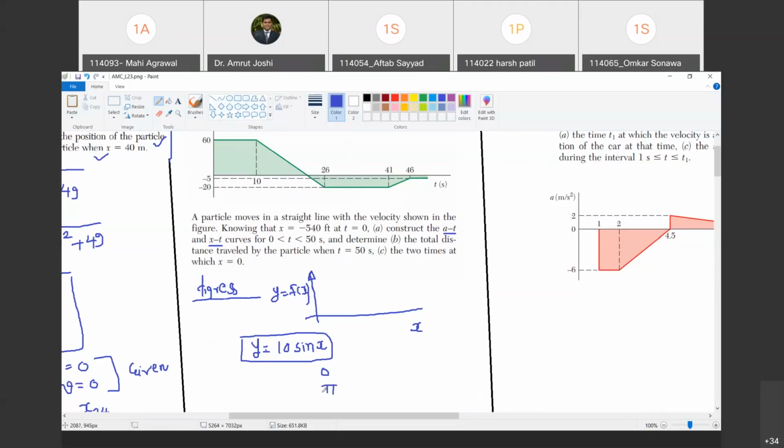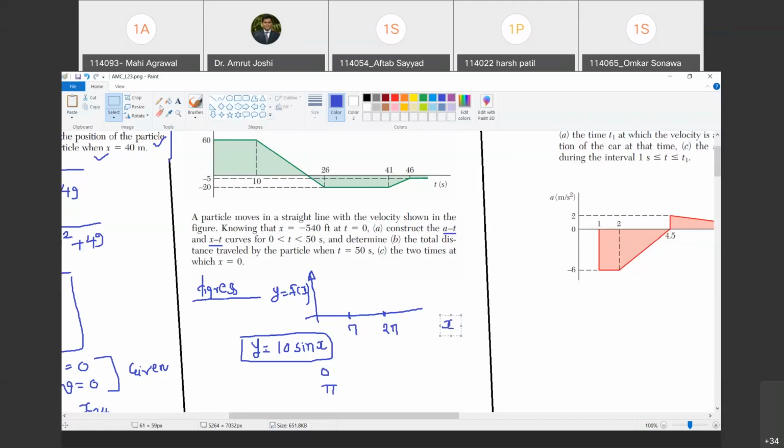So sine pi is 0, so pi is the period of this function. Do you agree with me? Yes, sir. So I will mark that period here. So it is x is equal to pi, x is equal to 2 pi. Are you with me? Yes, sir. Then x is equal to 3 pi. Just give me a minute.